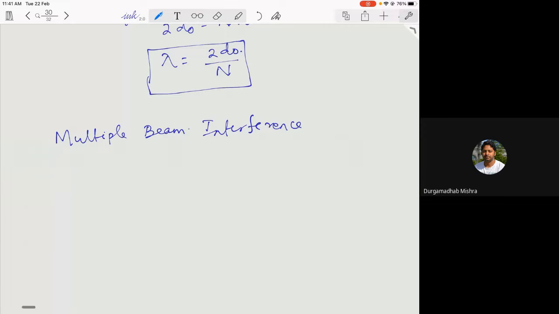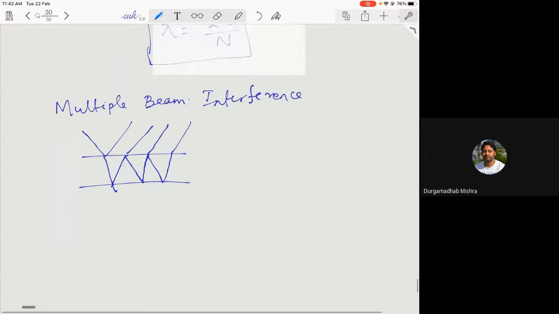But you can also divide the amplitude and produce multiple beam interference, where this is, let's say, a glass surface. You have one wave like this, and then a transmitted wave which is partially reflected from here, something like this. Again, this one will also be reflected back from this one, and then transmitted, and so on. So there are multiple beams and amplitudes available which can interfere as well, which can also lead to an interference pattern.